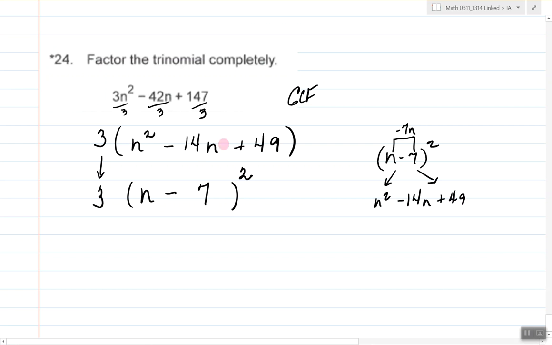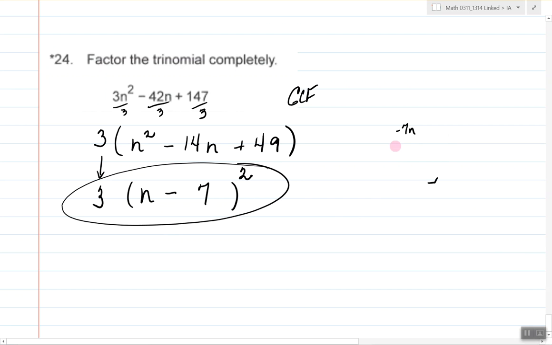So this was a perfect square trinomial. This could be what you write in MyMathLab. There is nothing wrong if you didn't see it as a perfect square trinomial and you just were looking at it and said, well, it's a trinomial, so I'll keep the 3 and I'll do this.